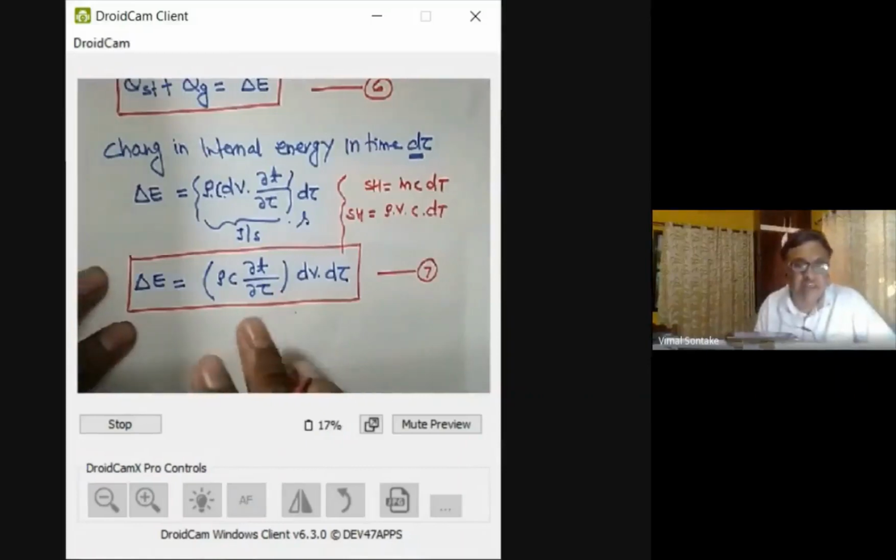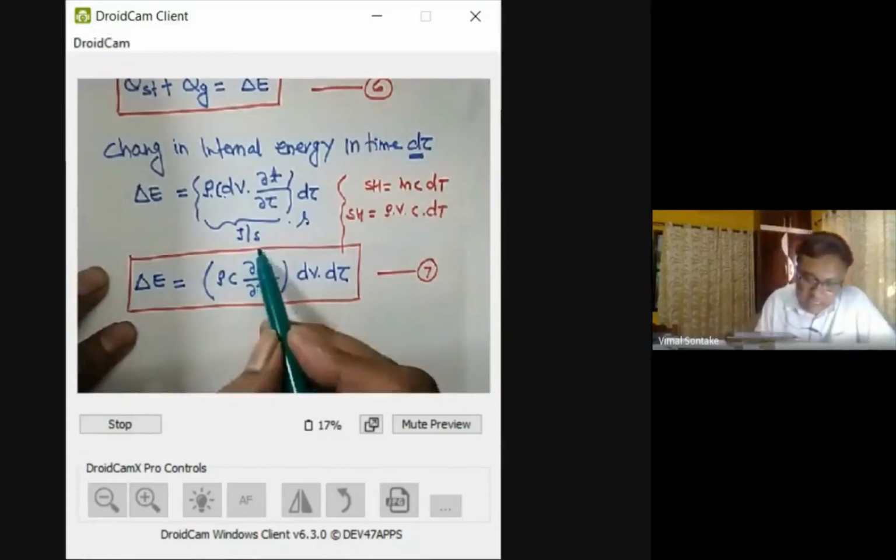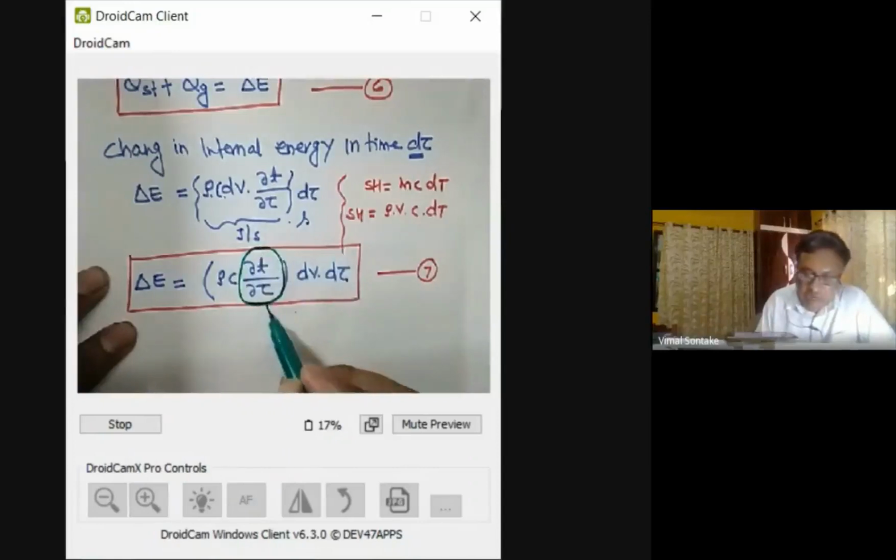Now, what is the significance of this delta E? This term, del T over del tau, will take into account unsteady state heat transfer.